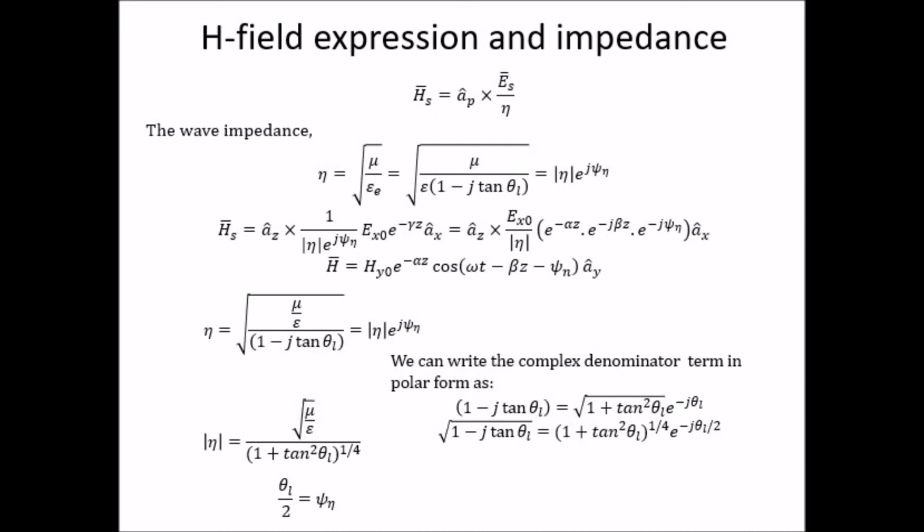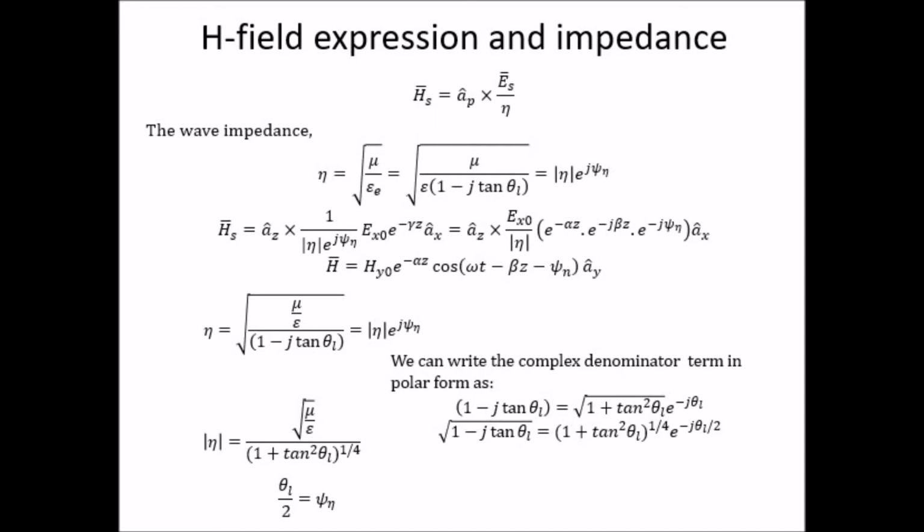So unlike the perfect dielectric, here we have a phase difference between the electric field and magnetic field. In a perfect dielectric, we found the electric field and magnetic field are orthogonal. Let's assume the electric field oscillates in the x direction, then the magnetic field will oscillate in the y direction, and both waves will be propagating in the z direction.